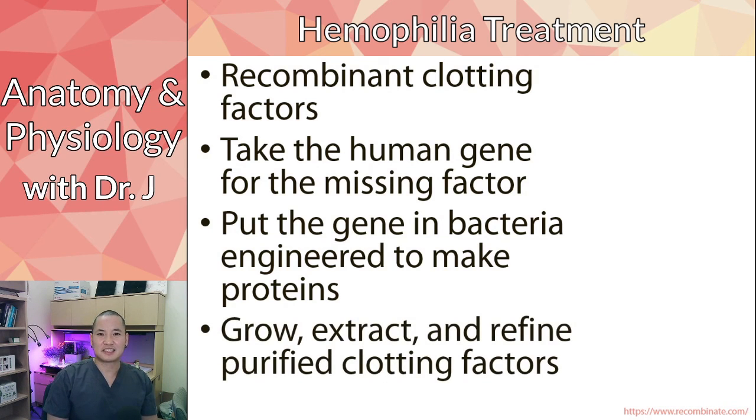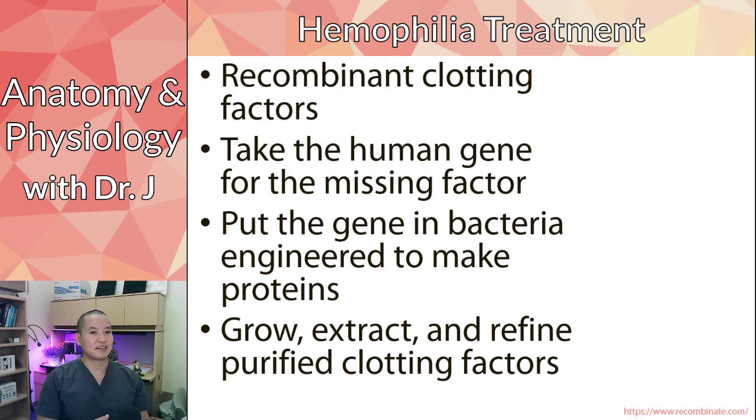And they don't just take the bacteria and inject it into the person. What they do is they have the bacteria crank out a bunch of this protein, and they extract it, refine it, purify it, and then make it safe to give back to that person. Hey, that sounds a lot like recombinant insulin and recombinant growth hormone, right? This is why genetic engineering is very powerful, because for people who have a deficiency in a protein, now we can grow it in a lab.